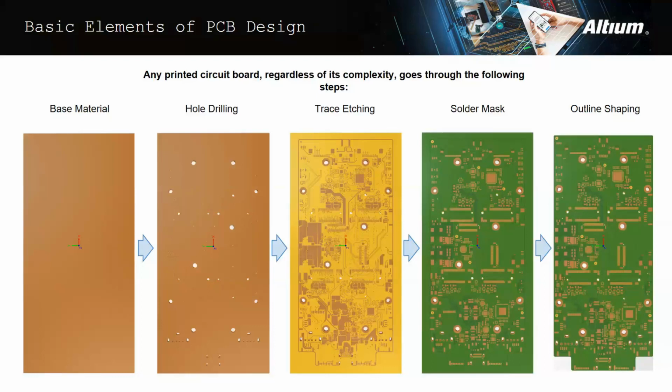It all starts with the base material from which the board stack is formed. Next, one of the key steps is drilling of the holes, which will become vias, through-hole pads and mounting holes, followed by plating of the hole walls.